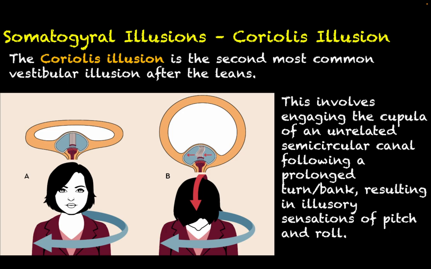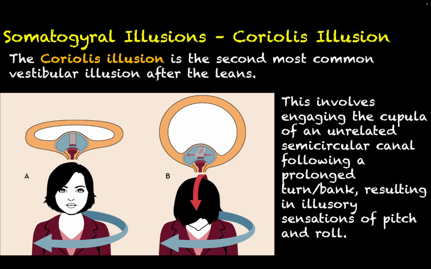But then while you're banking, you tilt your head forward or you bend down to pick up a pencil on the ground or something like that. So that will get fluid moving in a different semicircular canal that otherwise wouldn't be engaged. So that will start causing a lot of conflicting sensory functions that you're going to be feeling.